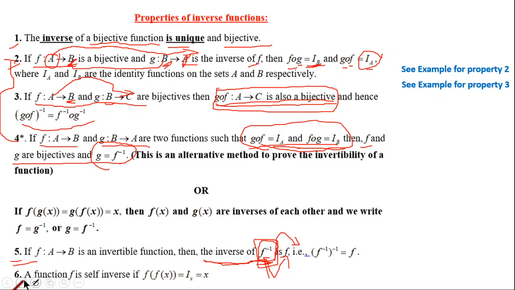And the last, if we have a function F, then we would say that the function is self-inverse if this holds. If this holds for a given function, then we say that the function is self-inverse.